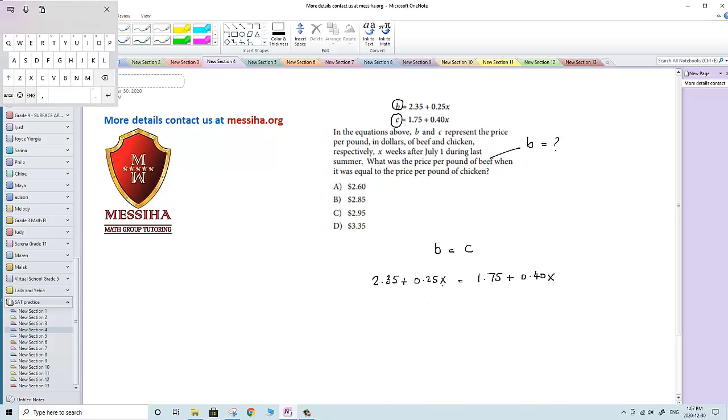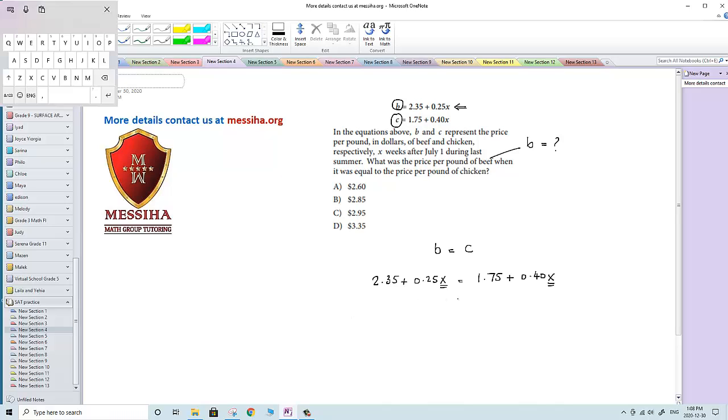Now, if I can find the variable x, I can substitute it into the equation for B, and I will get the answer, the price per pound of beef.